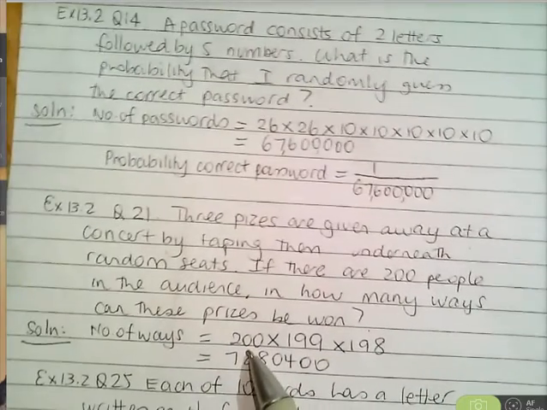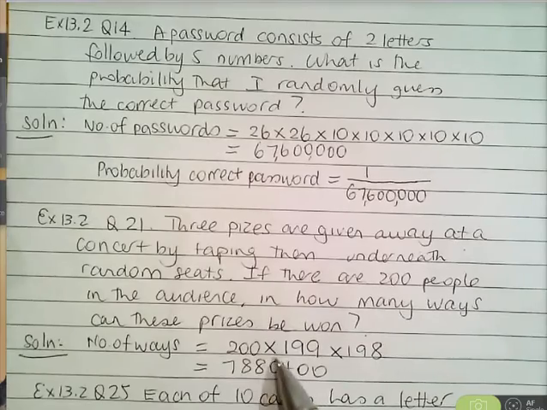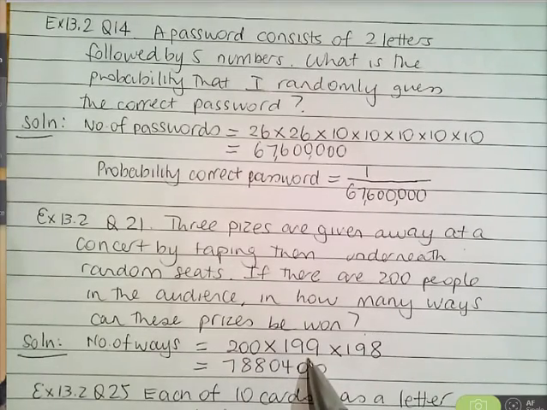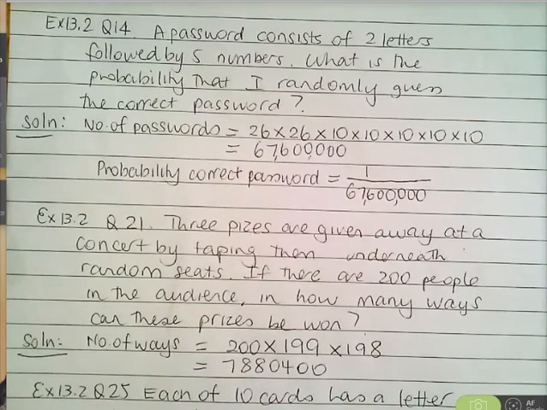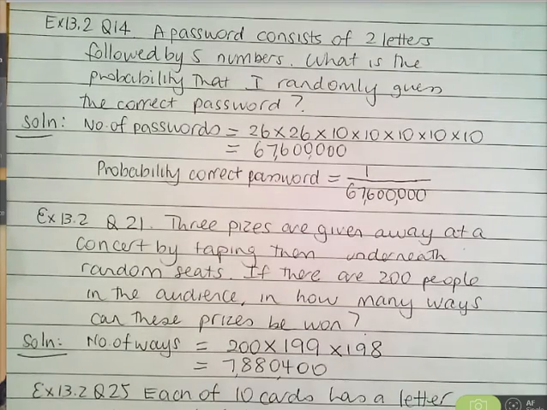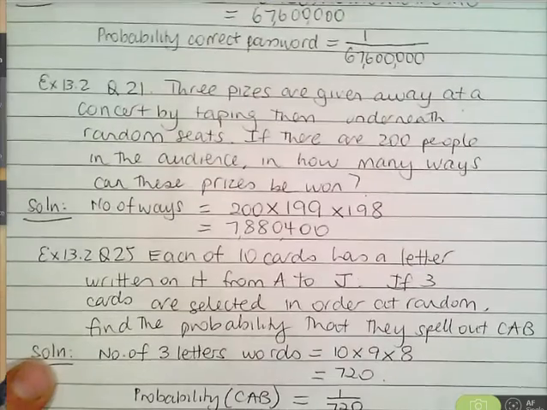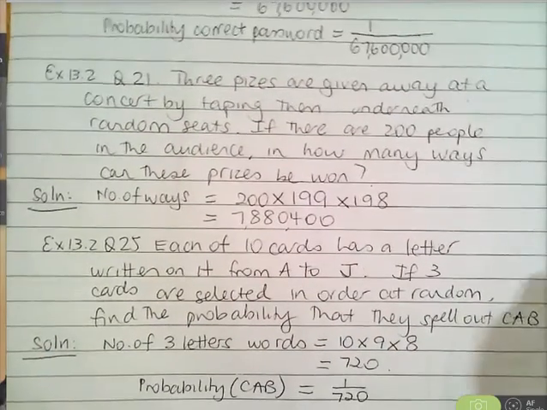And then once that prize is won, we've got 199 tickets left for second prize. And then there's 198 tickets left for third prize. So the number of ways in which the prizes can be won is 200 times 199 times 198, which is 7,880,400.